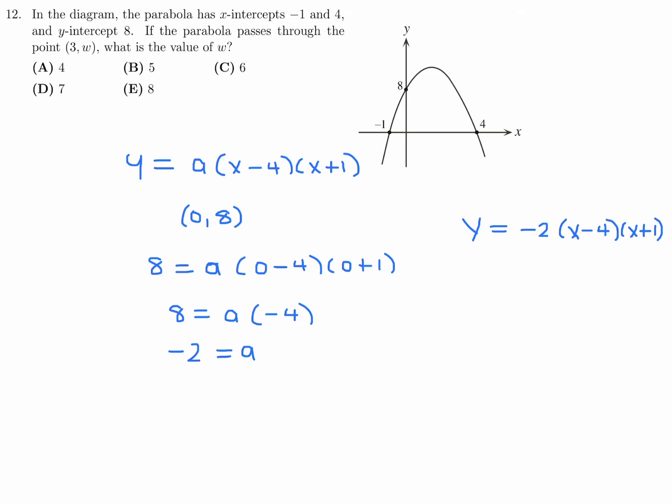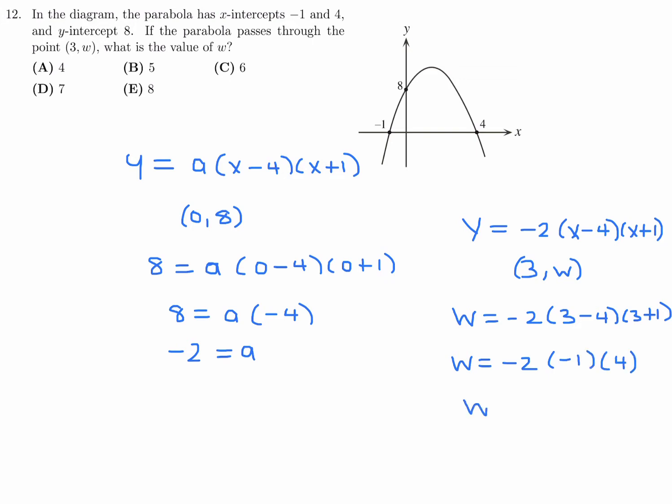Okay, so substitute it in, 3 for x and w for y. So we got 3 minus 4 and 3 plus 1. So w is -2 times -1 times 4. So that means w is 8. So in number 12, the answer is 8, which is choice E.